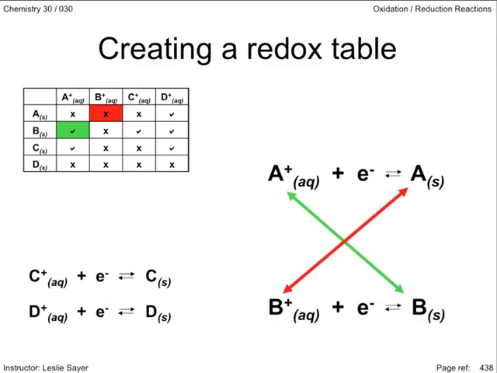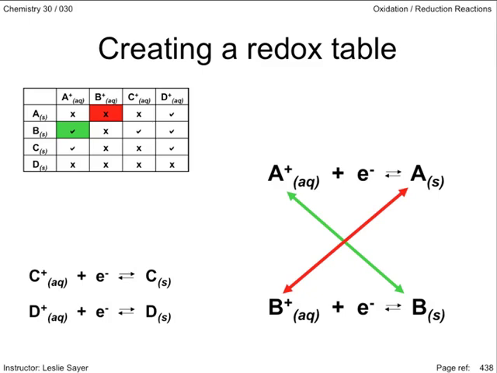The top left, bottom right orientation of oxidizing agent and reducing agent on a redox table tells us these two will react. And as confirmed by the data table, the B ion does not react with the A metal.